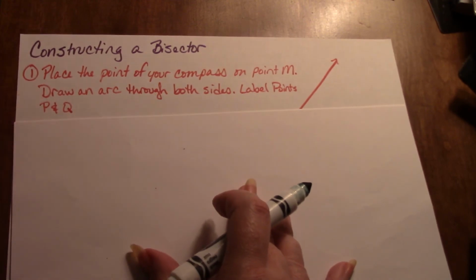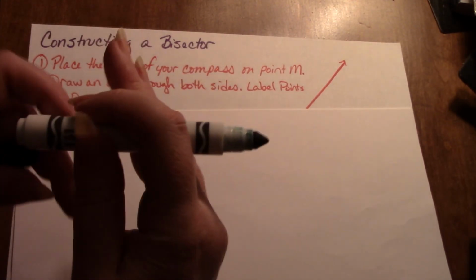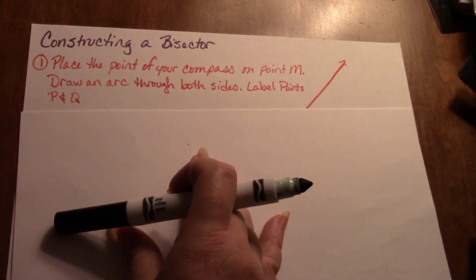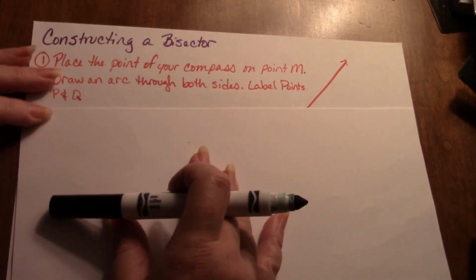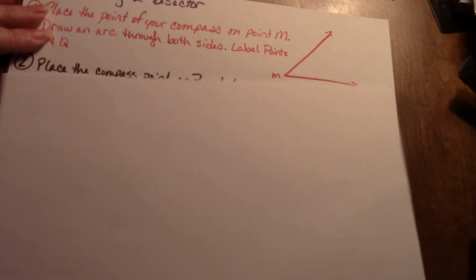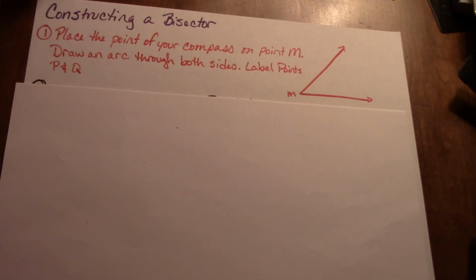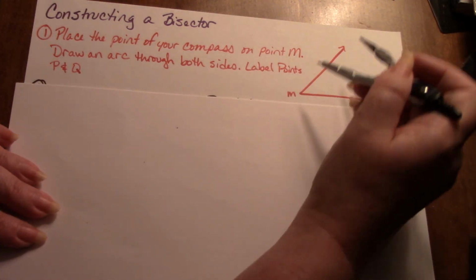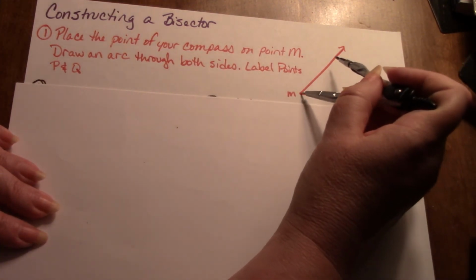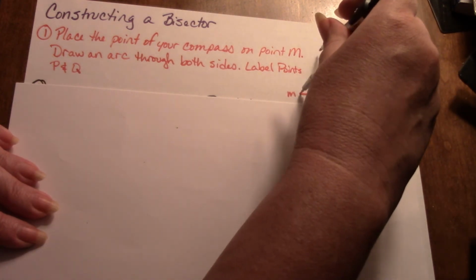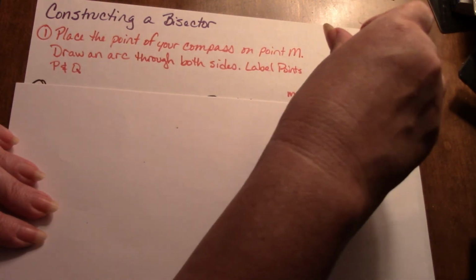Constructing a bisector, we want to make sure that an angle is exactly cut in half. So we're going to place the compass point on M, and we're going to draw an arc through both sides.